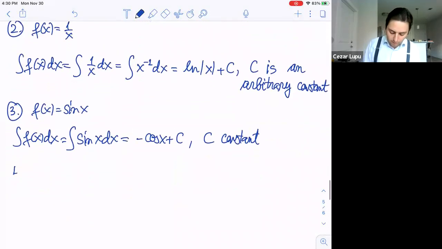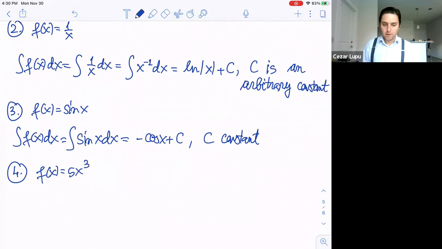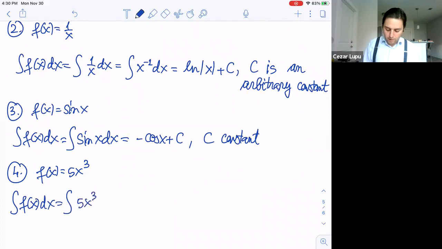Let's just say we have the fourth one, f of x to be 5x cubed. So in this case, we have that the integral of f of x dx will be the integral of 5x cubed dx. And this will be, we will take out the constant, we apply the constant rule, so this will be 5 times the integral of x cubed dx.